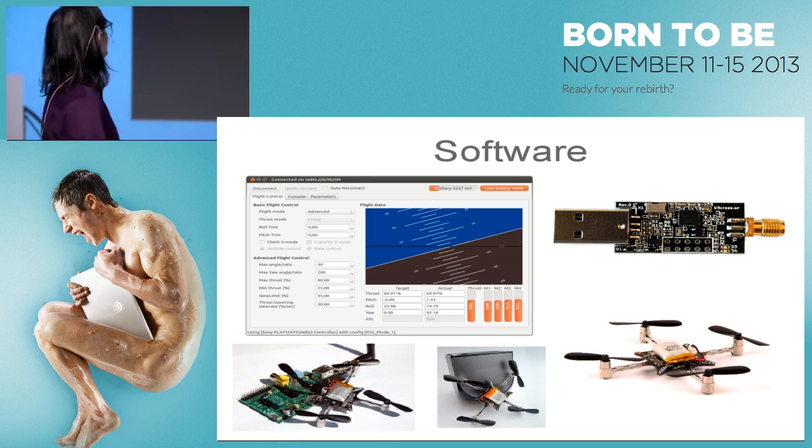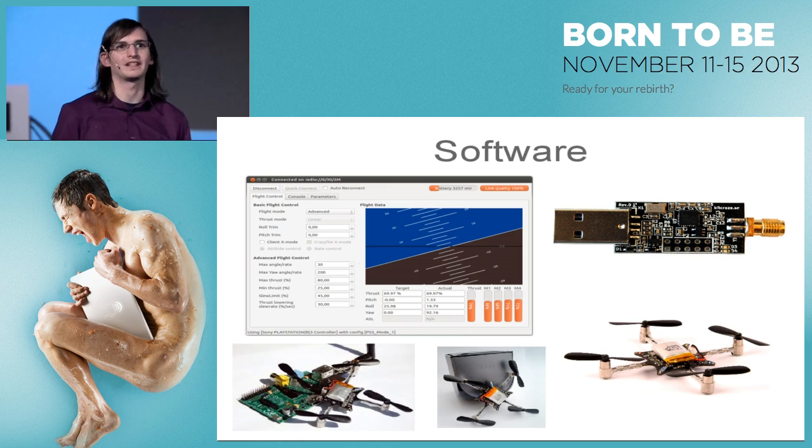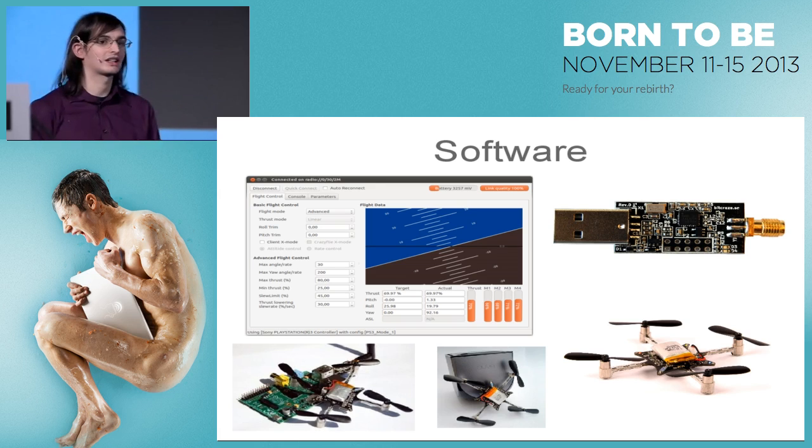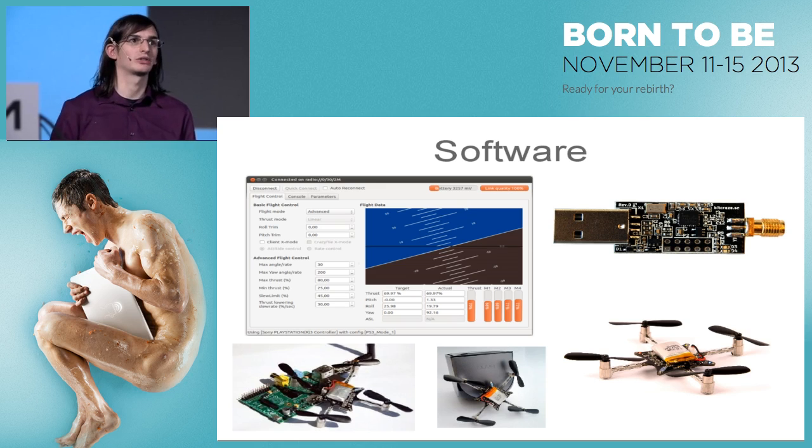And we made this GUI later, when we had to distribute the Crazyflie. But the GUI is also based on a library that we use to make a headless client. So the headless client is working on the Raspberry Pi or any other embedded systems.